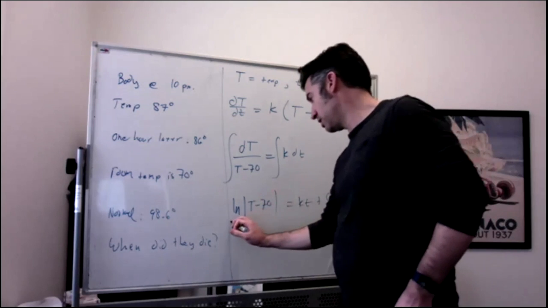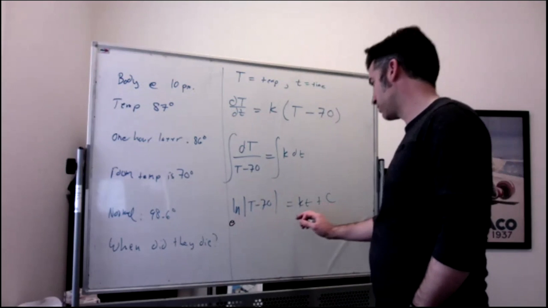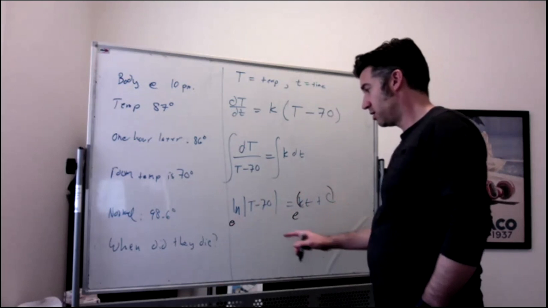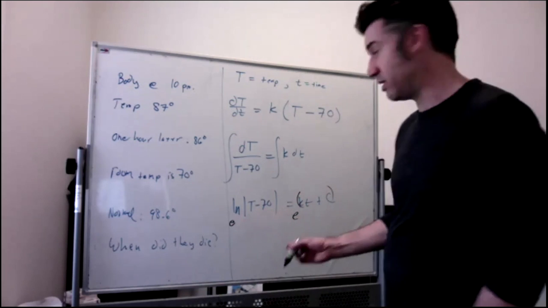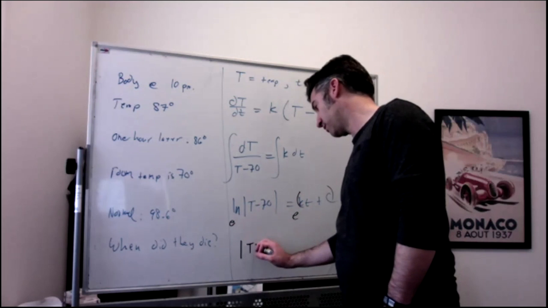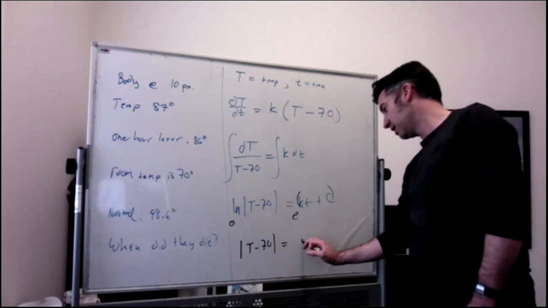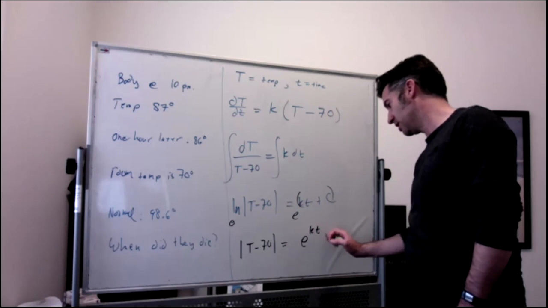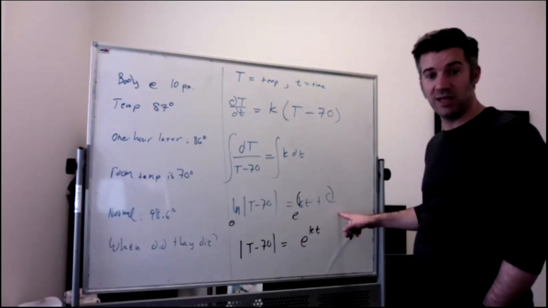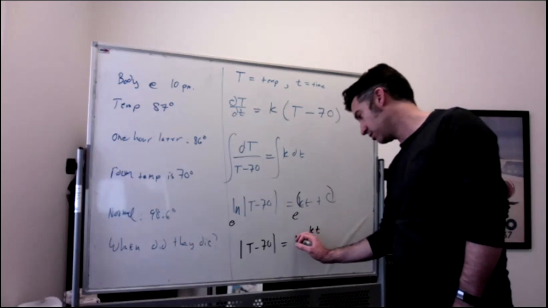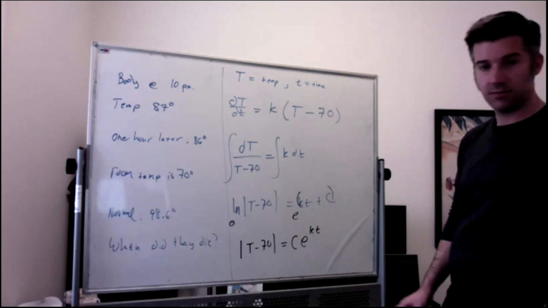We get e to the natural log of stuff equals e to the stuff. E to the natural log of the absolute value of T minus 70 is the absolute value of T minus 70, equal to, I'm going to write this as e to the kt times e to the c, which is just going to be a new constant. Like that.